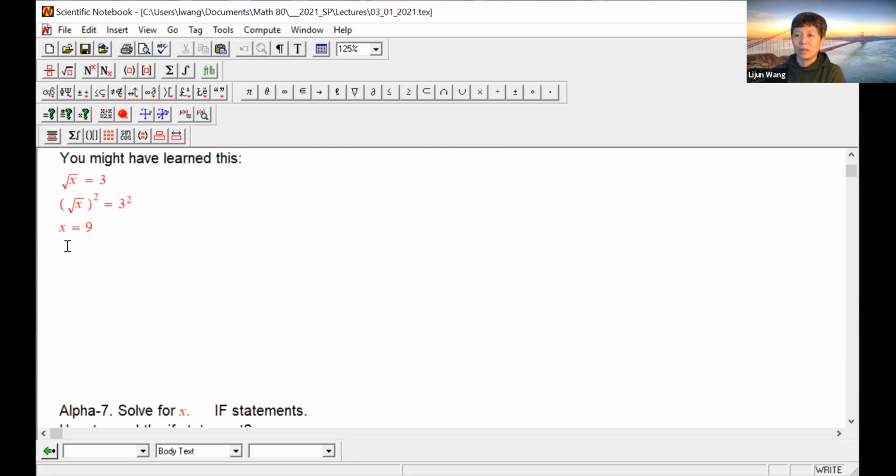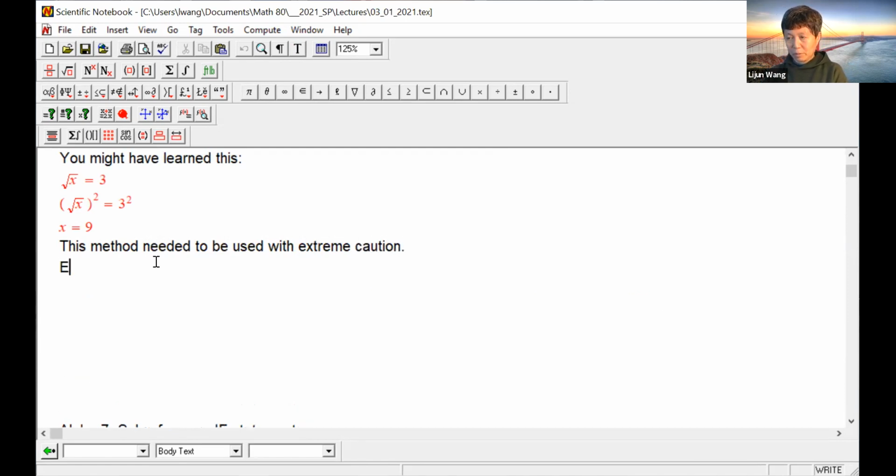Okay? This method needs to be used with extreme caution. Example, number 8 in Alpha 8. You have root of x equals to -2.